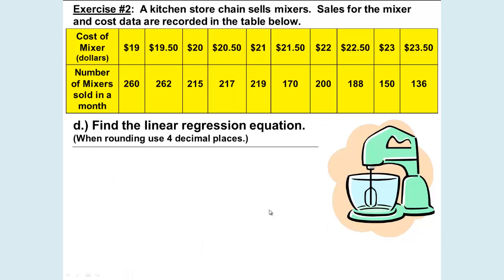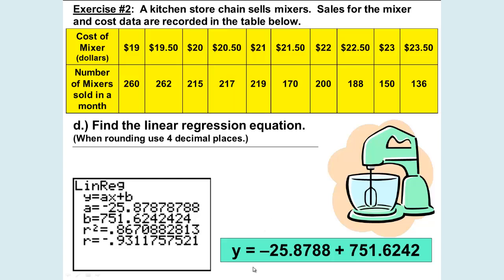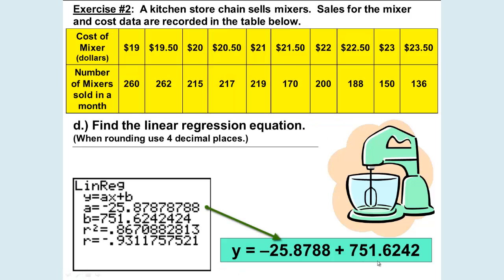We will now find the linear regression equation. The linear regression equation can be found from our linear regression screenshot and gives us y equals negative 25.8788 from the a, plus the b of 751.6242.